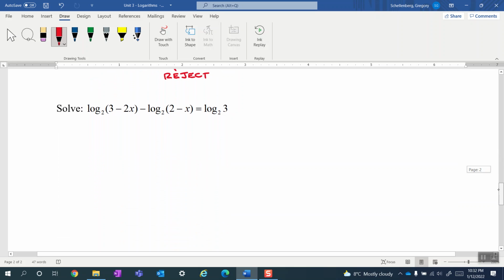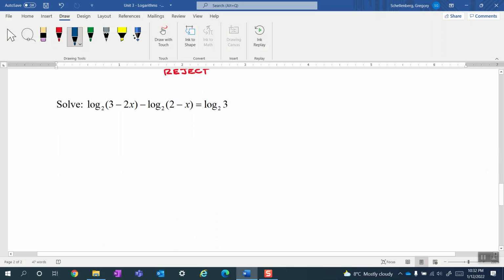Okay, next one. So we've got log base 2 of 3 minus 2x minus log base 2 of 2 minus x is equal to log base 2 of 3. So why don't we look at the domain of each logarithm before we dive into this.